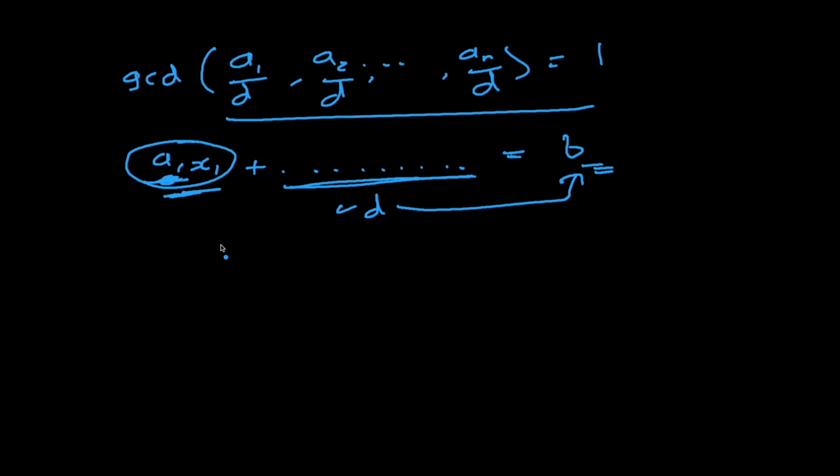In other words, a1 x1 is congruent to b mod d. The condition here is that a1 should be relatively prime with d, so GCD of a1 and d should be equal to 1, which is obviously the case.